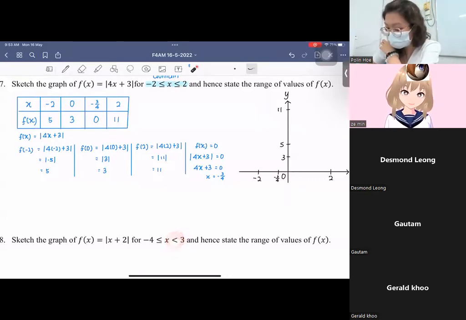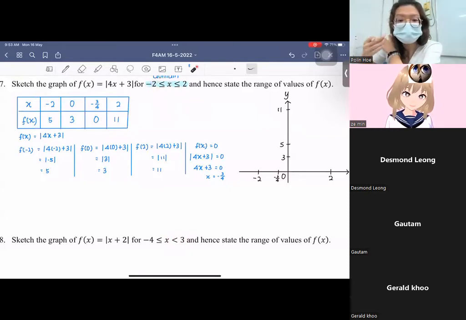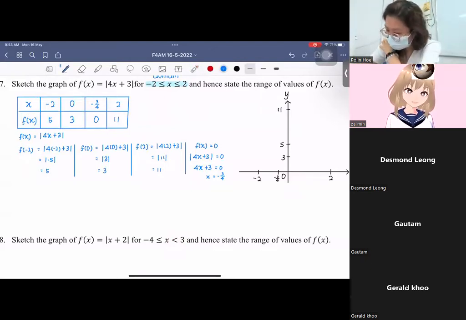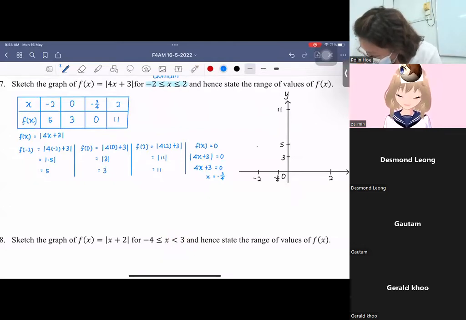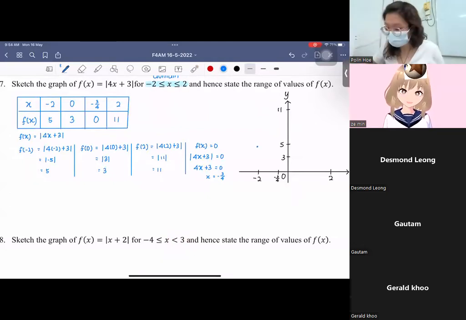Can you see that? When it is smaller than or equal to, or bigger than or equal to, we use a dot. -2 and 5, we put a dot like this.